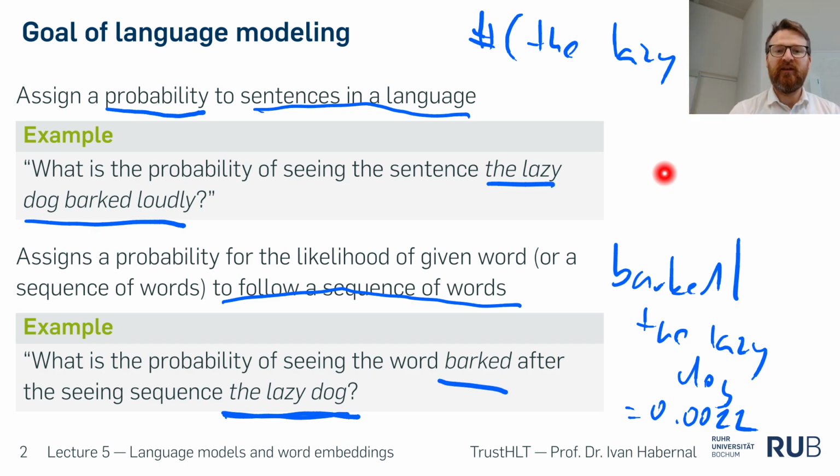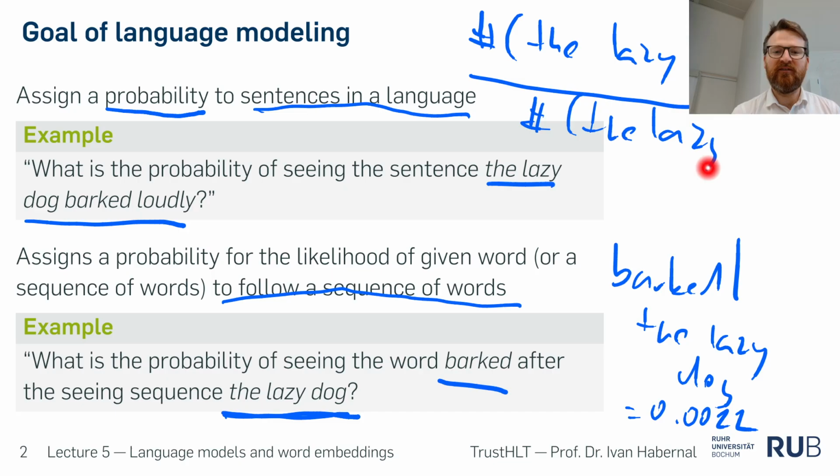So it's a fraction of counts: your favorite sentence, your lazy dog. Now we're basically counting the occurrences of this sentence. How many times the word barked comes after this sentence is the count, how many times I see it in the corpus, divided by how many times I see the context. So intuitively, does it make sense?